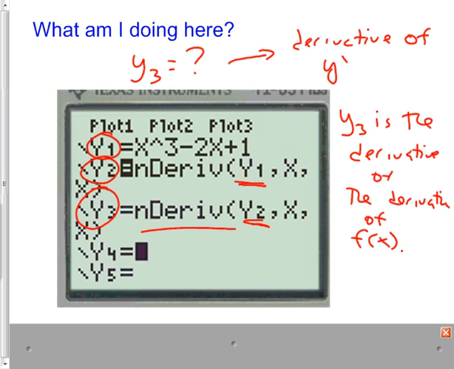So it's the derivative of the derivative. And we're going to be talking about how we write that. But this is what we're looking at today, the derivative of the derivative, and what it means.